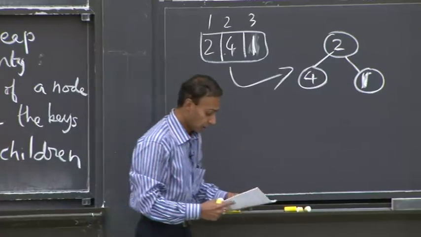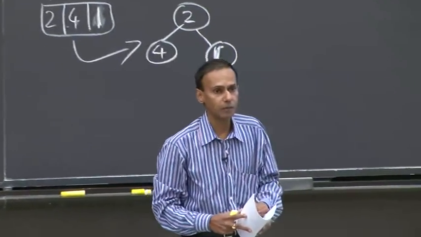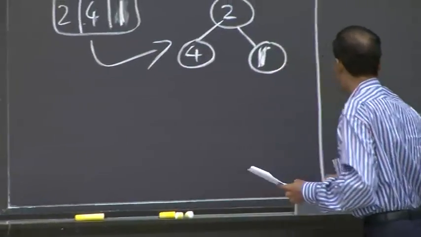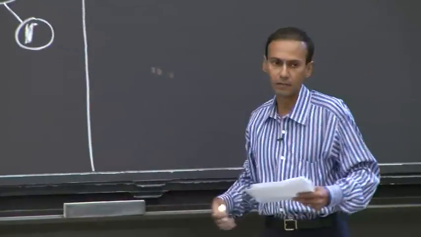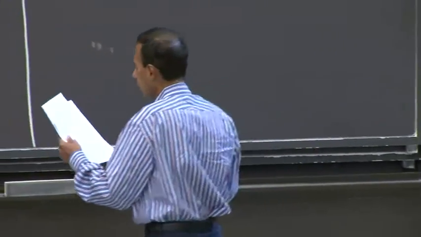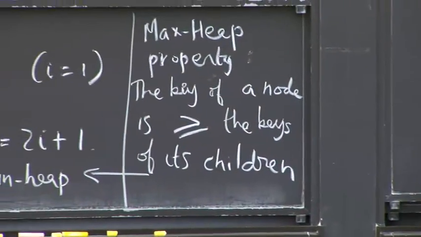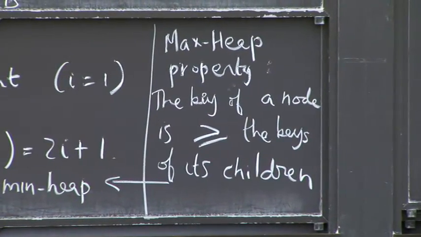Okay. So let's dive into heap operations. I'm going to have to spend some time describing to you a bunch of different methods that you would call on a heap. And all of these methods are going to have to maintain our representation invariant or the max heap property.